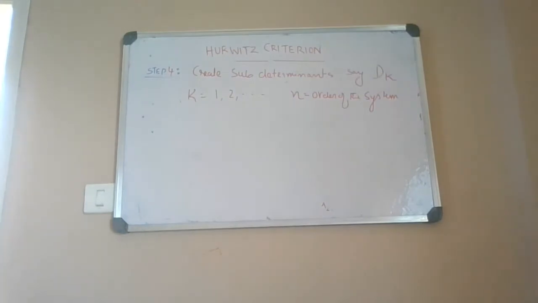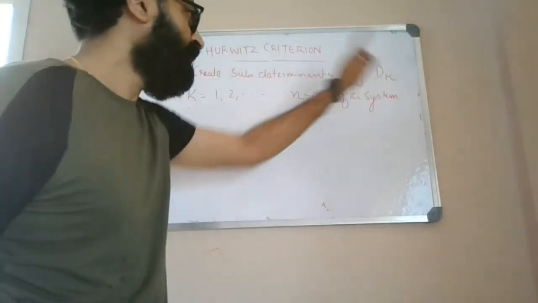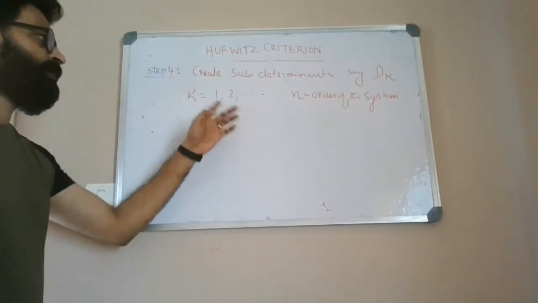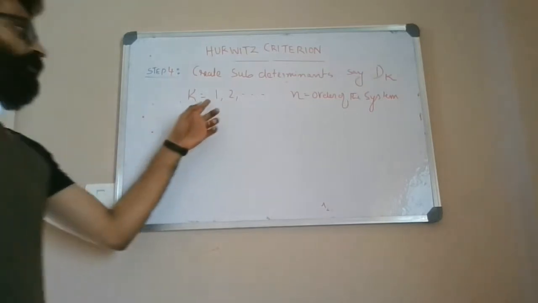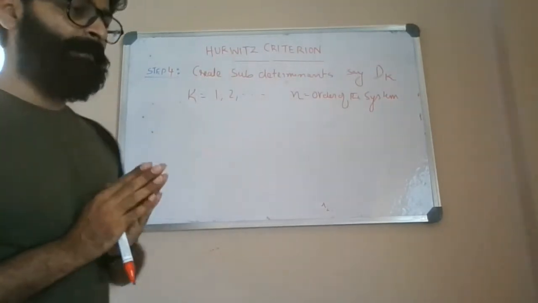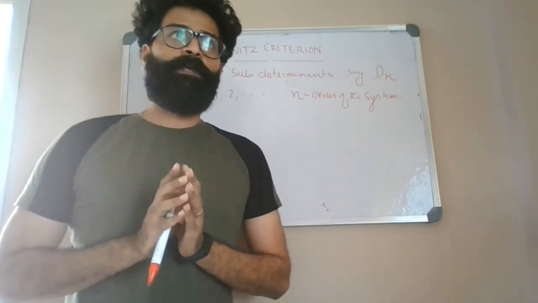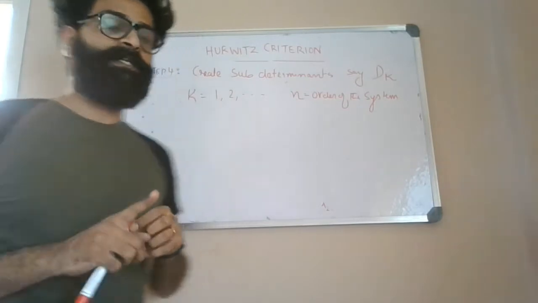Now, what is this subdeterminant? As I said, k refers to the order of the system, which varies from 1 to n. Subdeterminants are nothing but the smaller determinants extracted from the Hurwitz determinant.